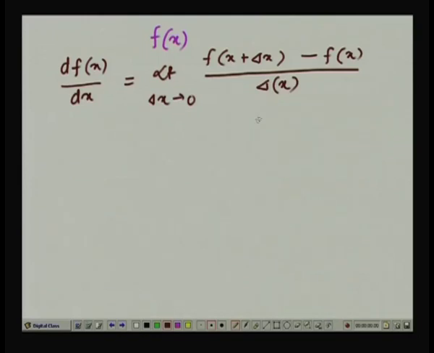Now, when I come to the discrete domain, digital images are represented by a discrete set of points or pixels at different grid locations, and the minimum distance between two pixels is equal to 1. So, in our case, we will consider the value of delta x equal to 1, and this derivative operation in one dimension reduces to del f upon del x equal to f(x plus 1) minus f(x).